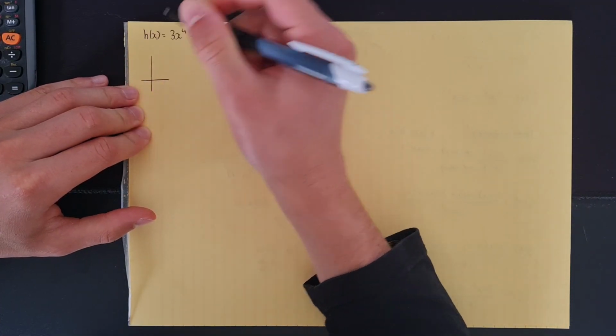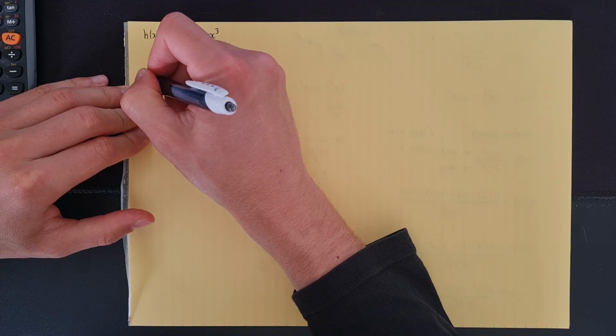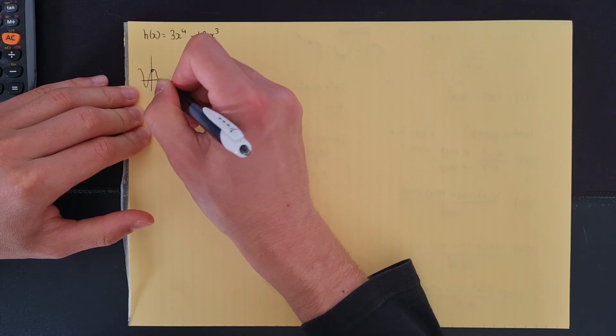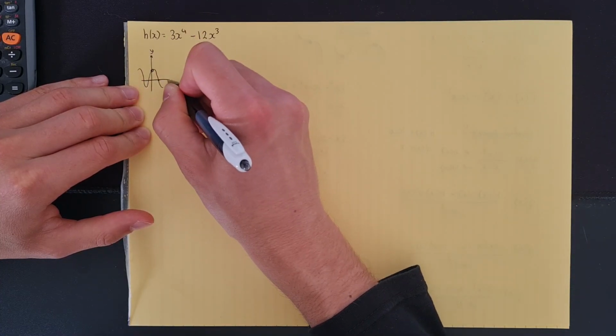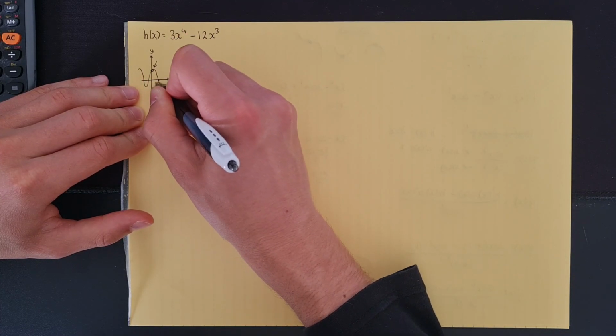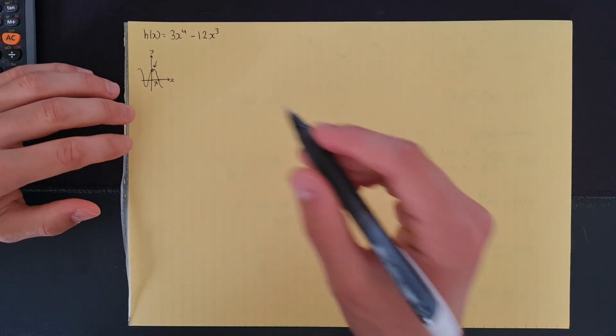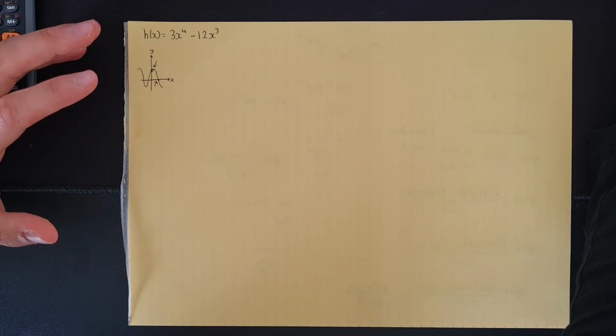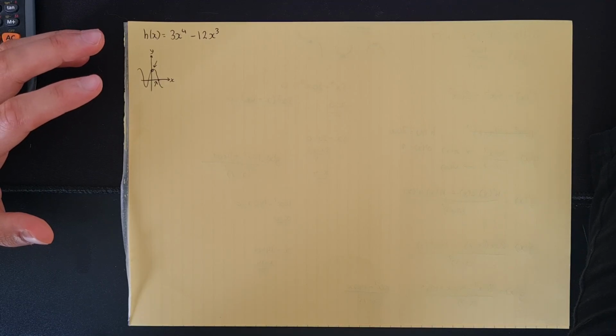So we've got our function, whatever our function is going to be. We're trying to find the y and the x-intercept. So it's good just to know straight off the bat what we're actually going to be doing. So first things first, we're finding the x and y intercepts of h of x.